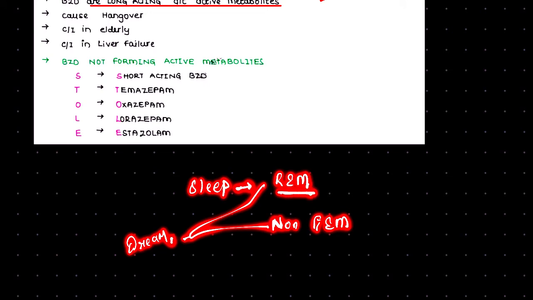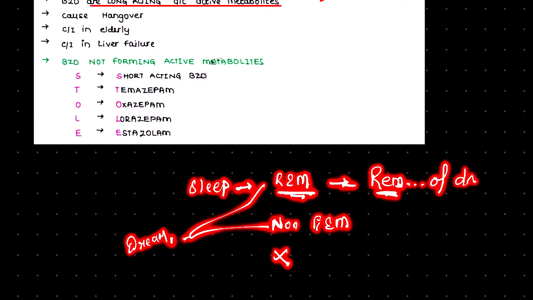You can memorize it this way: remembering of dream, REM, same thing. Remembering of dream will happen in the REM phase, rapid eye movement phase, but it will not happen in the non-REM phase. We talked about 2 phases, REM and non-REM.